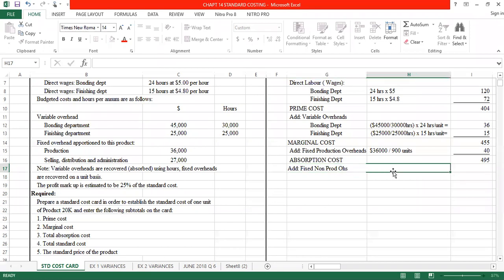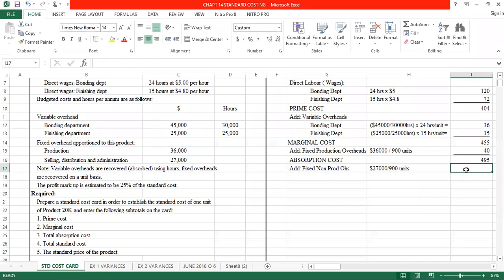These are the selling, distribution, administration, and finance costs. So this is 27,000 divided by 900 units. So that gives you 27,000 divided by 900.